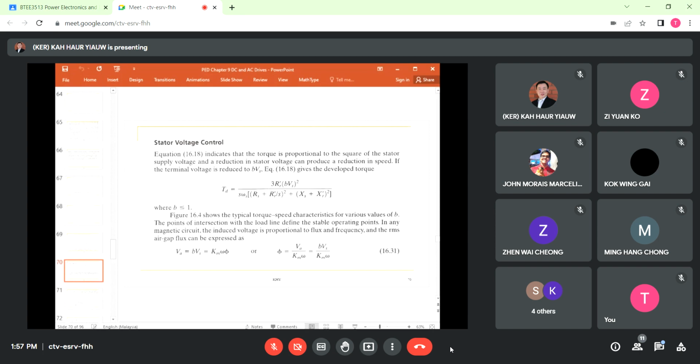Stator voltage control. Equation 18 indicates that the torque is proportional to the square of the stator supply voltage, and a reduction in stator voltage can produce a reduction in speed. If the terminal voltage is reduced to BVS, equation 18 gives the developed torque as shown in this equation here, where B is less than 1.